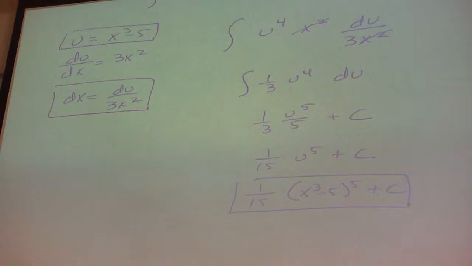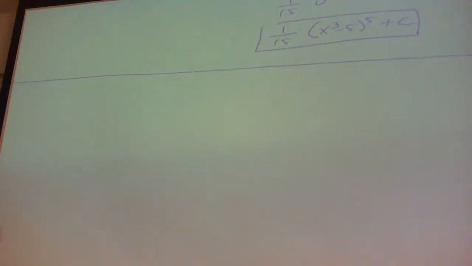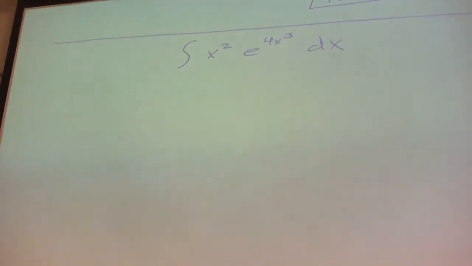It's the same. Okay? Here's another one. And if a number comes up, it's okay. It's the same. So try this one. The more we do, the better we'll get at it. Just takes practice.